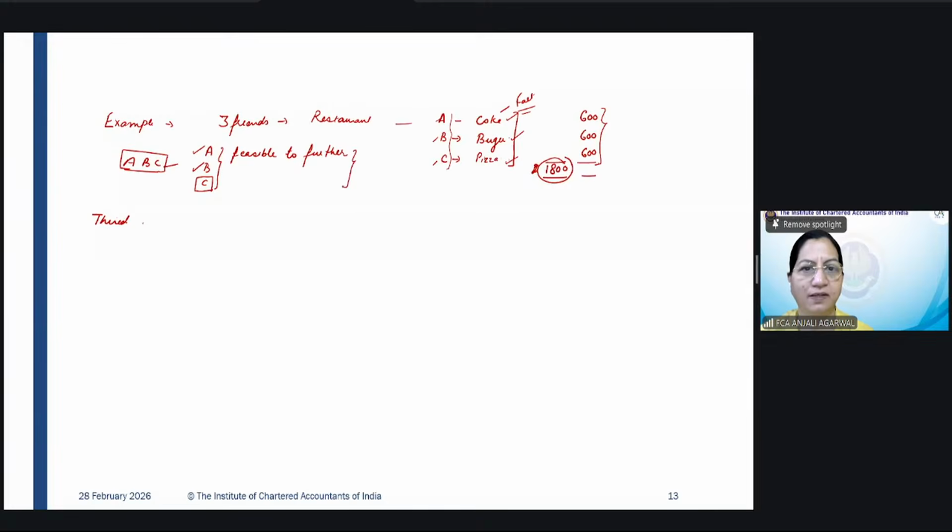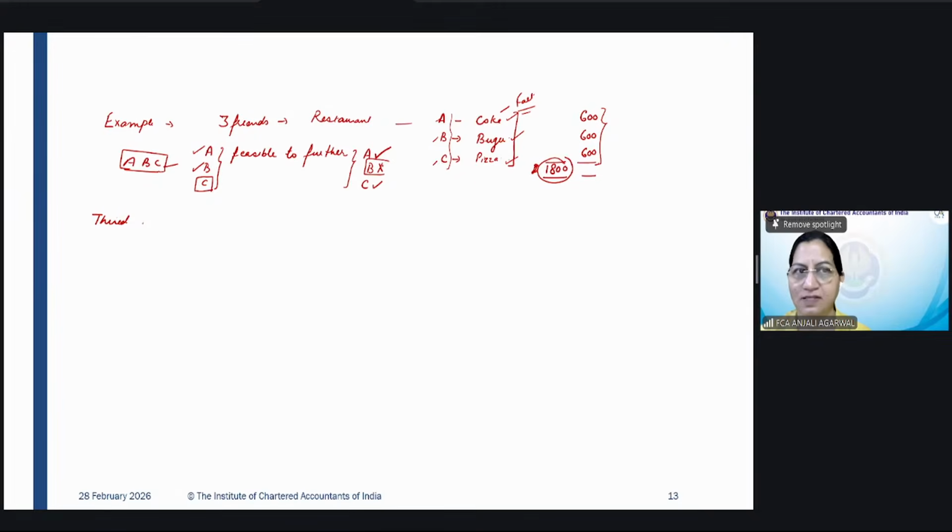Further, another important thing is, even if all three are feasible to process further, it may not be the right decision to process them further. Maybe it's appropriate to process A and C further, but B should not be processed further, though it is feasible to process B further and sell it. But we find it more optimum to not process B and sell it as it is.